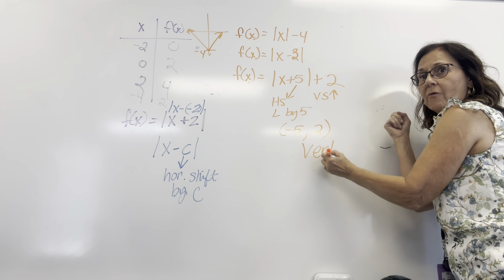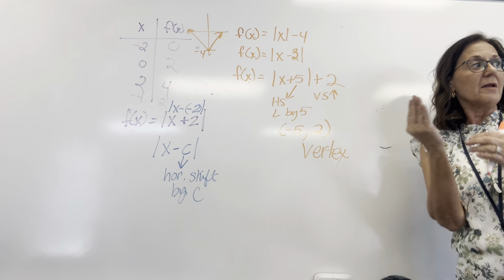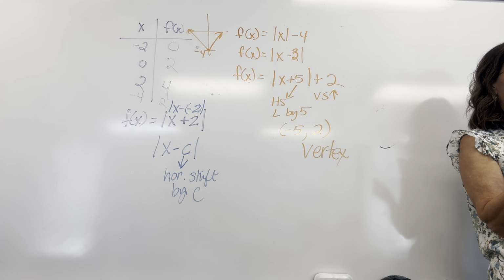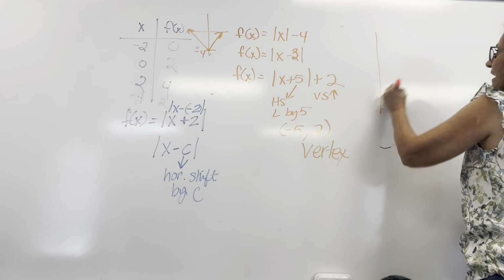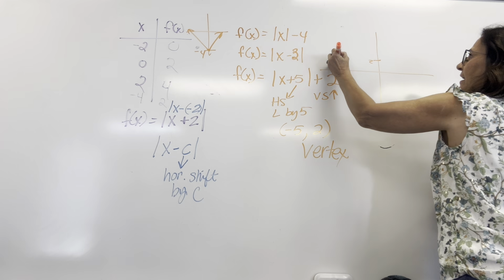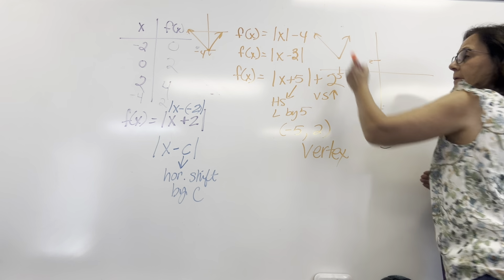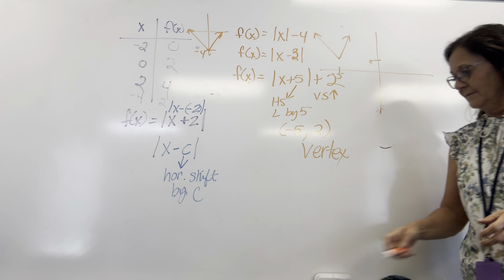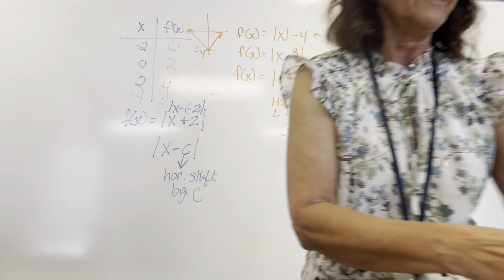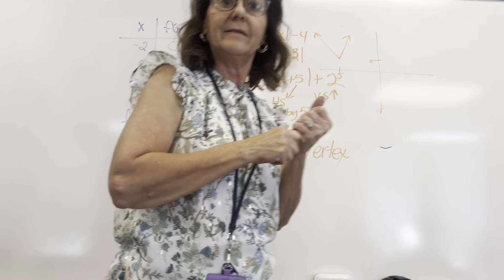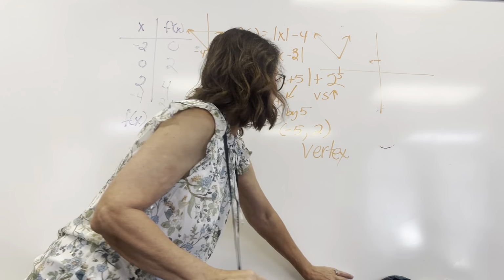That would be where my vertex is, the bottom of my V. So if I were graphing this, it would be at -5, 2 here, and it would go up. Do you see that? It gives me my vertex. Everybody see that? All right.